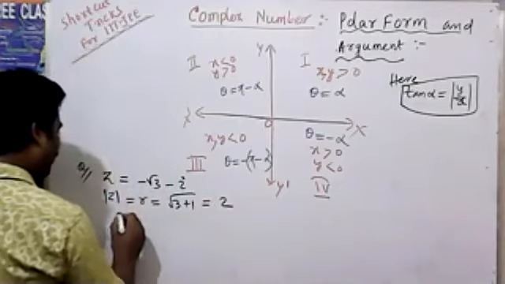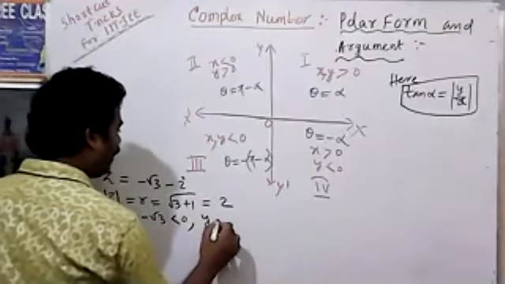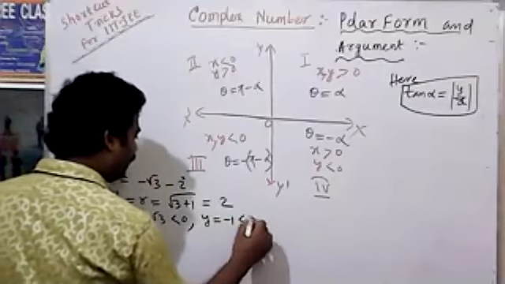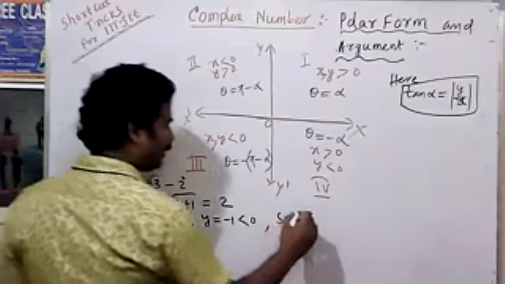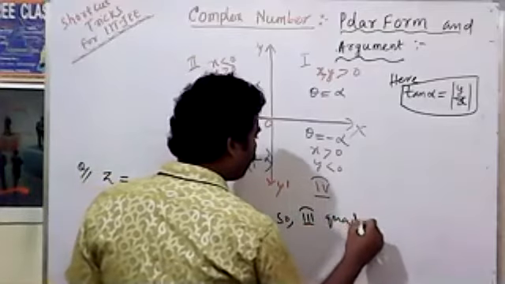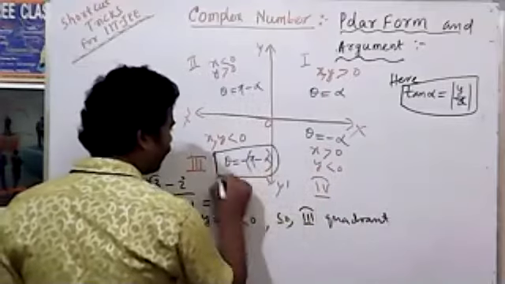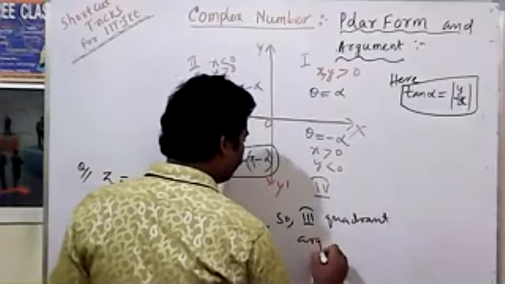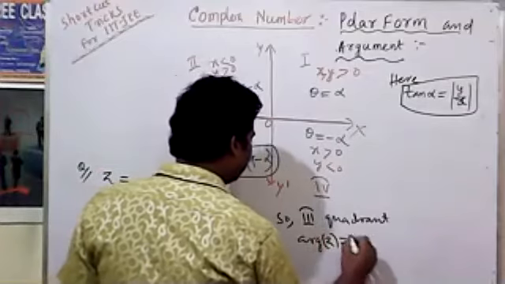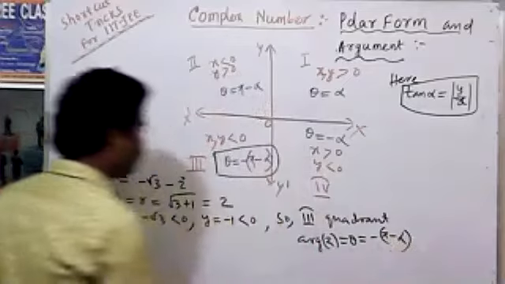And here x is equal to minus root 3, which is less than 0, and y is equal to minus 1, which is less than 0. So it is in the third quadrant. If it is in the third quadrant, this formula applies: the argument of z, theta, is equal to minus pi minus alpha.